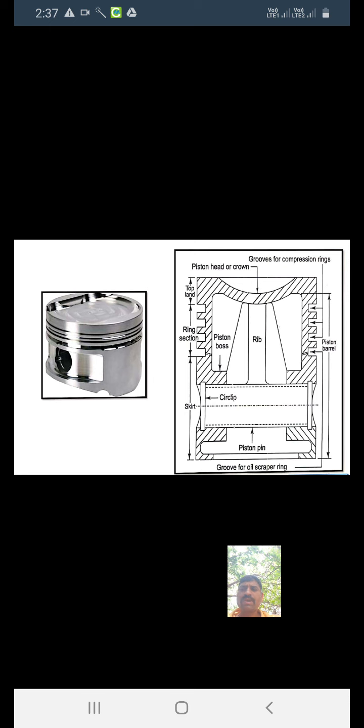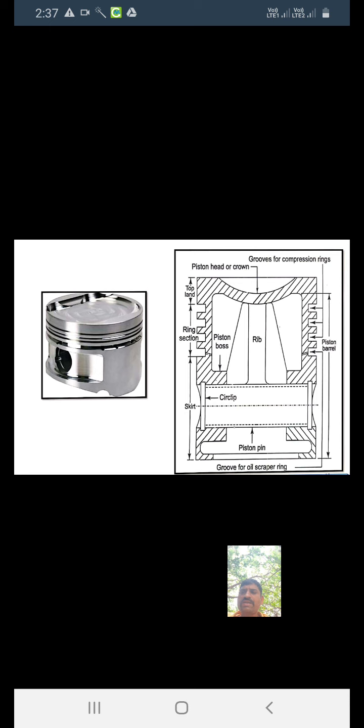It should have good thermal conductivity so the heat can be quickly dissipated from the piston crown or piston head to the ring and the cylinder wall. Then again, it should have a low coefficient of thermal expansion.